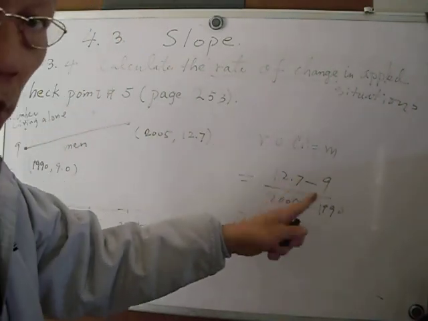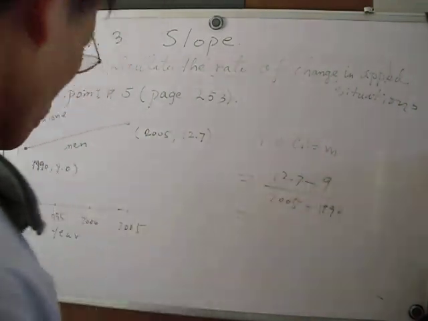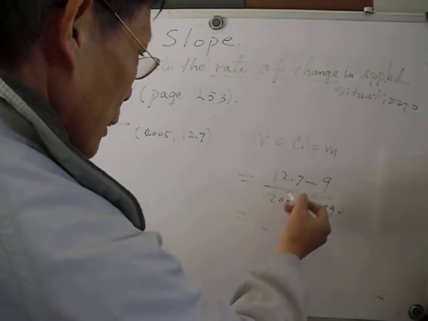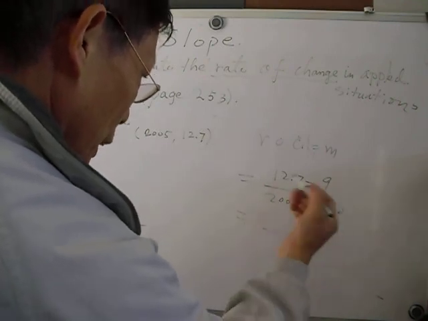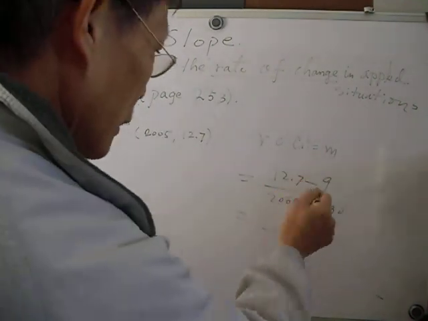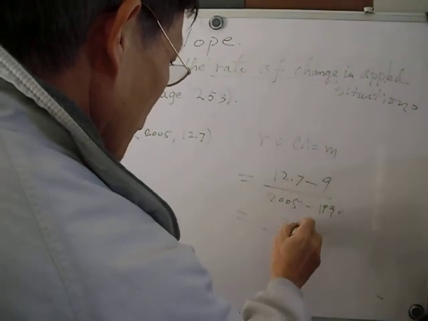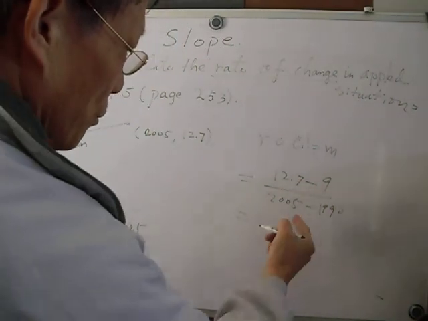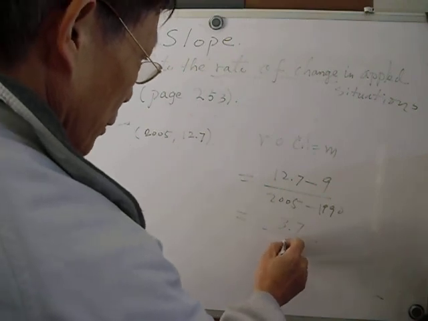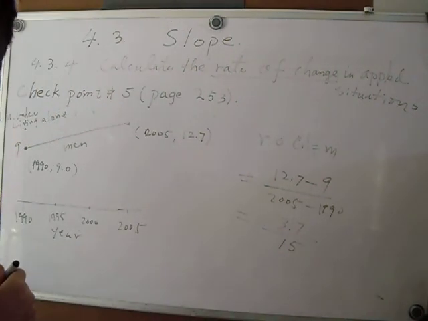As you can see, it's the same way as we do the slope. If you reduce this, 12.7 minus 9 is 3.7, and 2005 subtract 1990 will be 15. And then use your calculator.